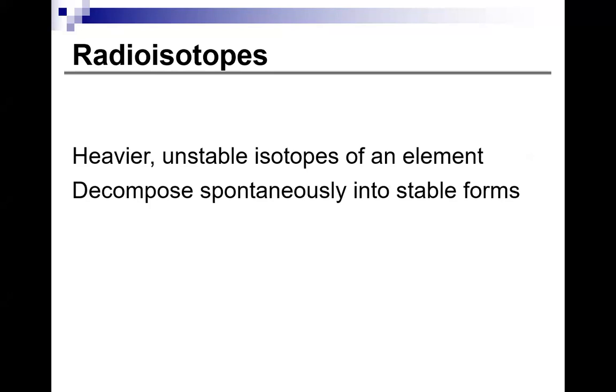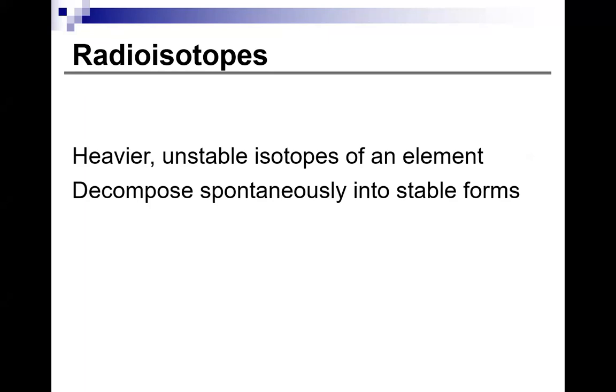Some of the isotopes are radioactive, so they're considered to be radioisotopes. They're typically heavier and considered unstable, so they will spontaneously decompose into more stable forms. Tritium is a radioisotope of hydrogen. Carbon-14 is a radioactive isotope of carbon.